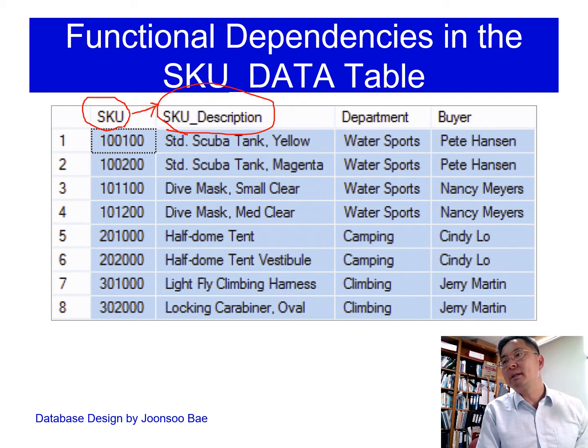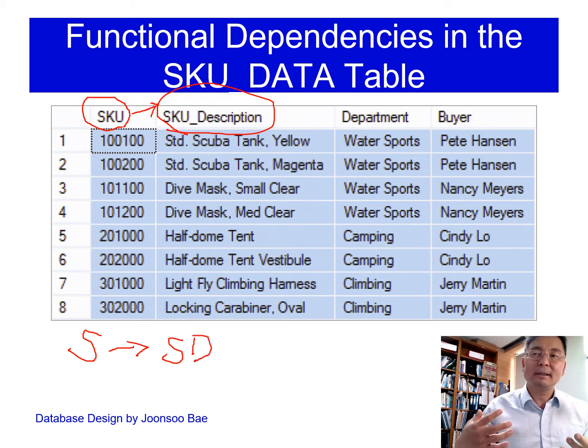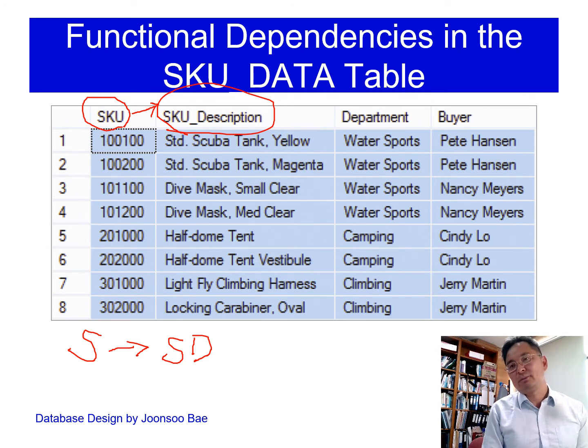And the buyer, Peter Hansen, Nancy Meyer, Schindler, has duplicate data. In that case, can you decide SKU will determine SKU description or not? What are the mapping types? 1-to-1, 1-to-M, M-to-1, and no mappings. Can you decide? Yes, it's 1-to-1 mapping.